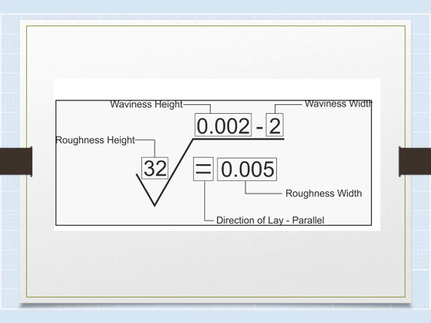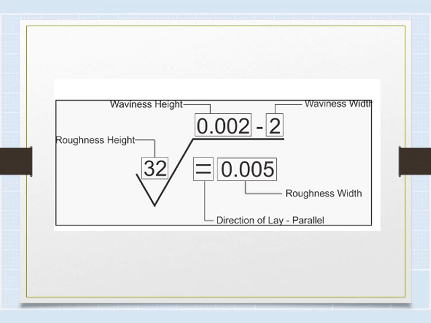And then we put all that information together into our surface finish callout. So remember, your waviness information is on the top, your roughness information is on the bottom, your height information is on the left, and your width information is on the right.